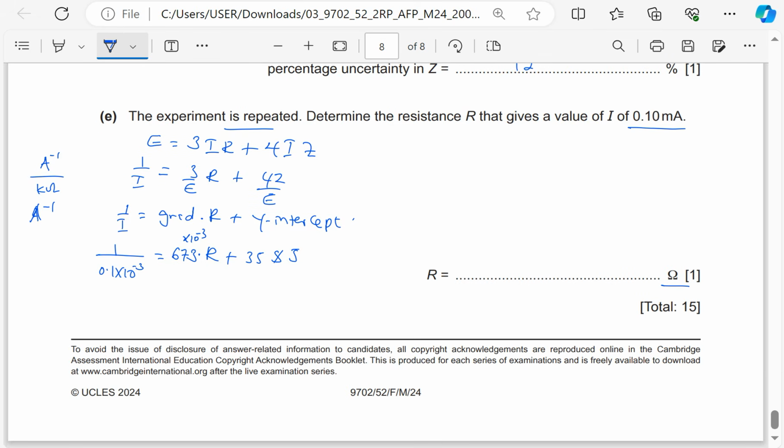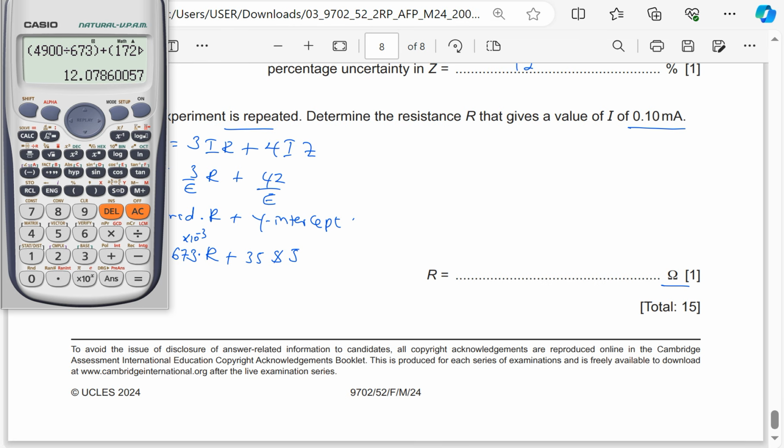Okay. So I want to make R the subject here. Making R the subject, I'll just press my calculator. I have in brackets 1 divided by 0.1 exponent minus 3, then minus 3585, then divide by 673 exponent minus 3.